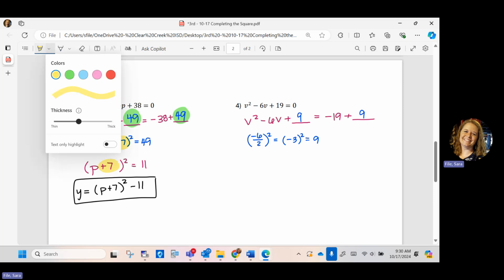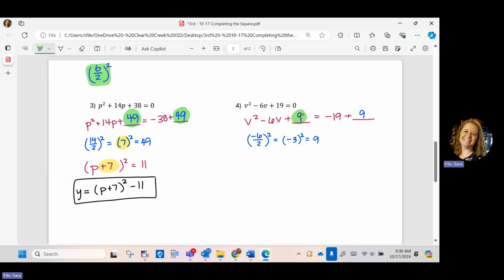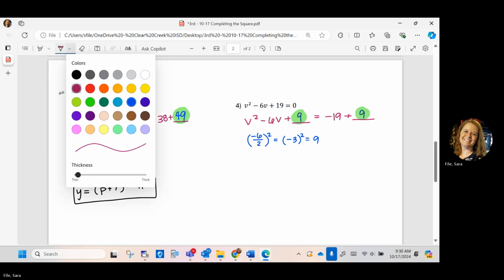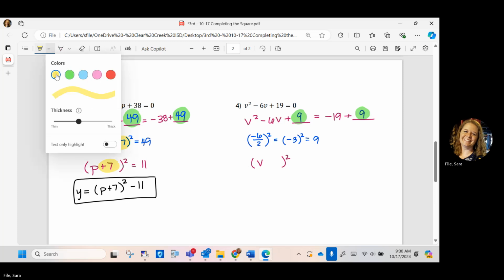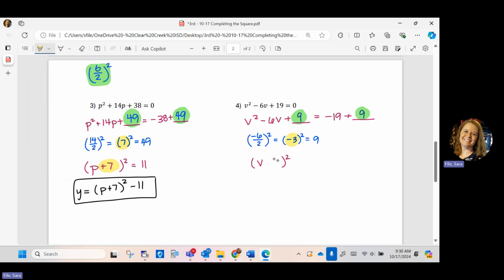Okay, if you want to keep highlighting or color coding, we can do that. And then we do our factoring that perfect square trinomial. It's going to become V what? What's in there with the V? -3. Good. It's the B divided by 2.